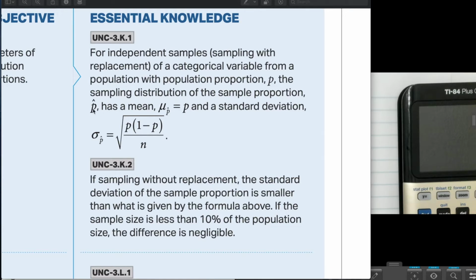This p hat has to do with the sample that we get, and this regular p has to do with the actual proportion of the population. So the average value you should expect from all samples of a certain size should be equal to the true value in the population, and the standard deviation of all of your samples should be equal to this formula, which notice again uses the population answer.